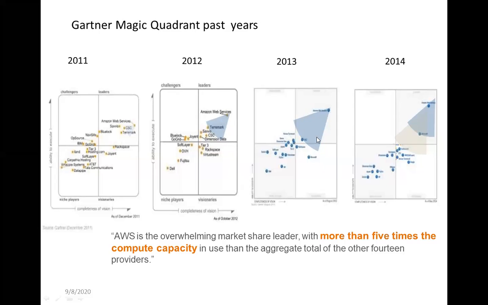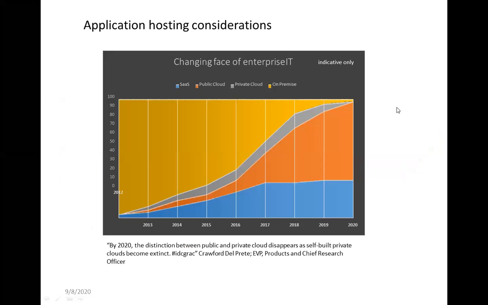In 2013, Amazon Web Services developed as a full-fledged leader. And by 2014, all those people who were criticizing or challenging Amazon Web Services lagged behind Amazon Web Services. And we know what the trend is today in 2020.